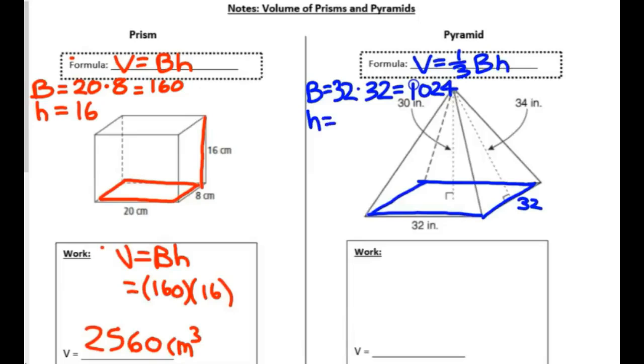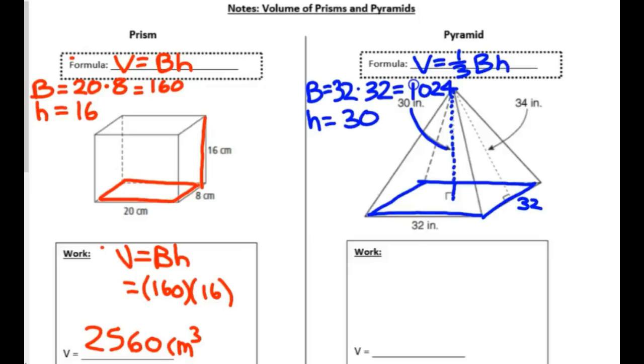Now, do we know the height? So, remember, the height would be from the tippy top straight to the middle, and it looks like this is labeled, actually, right there, 30. So, 34 would not be the height. That would be slant height, right? But we do know the height this time. So, now we have all we need.